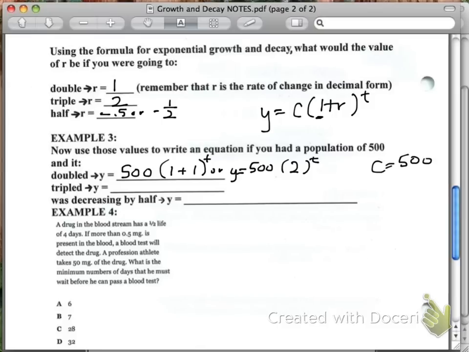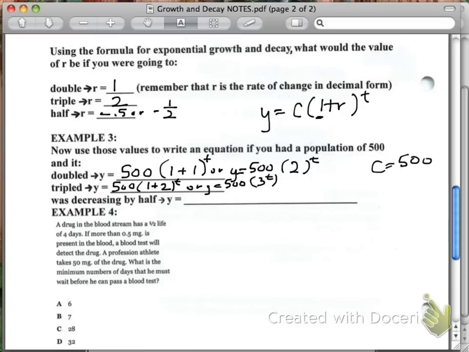Okay. If I wanted to triple it, I would do y equals 500 times 1 plus 2 to the T power, or y equals 500 times 3 to the T power.